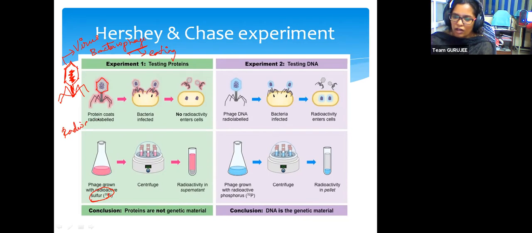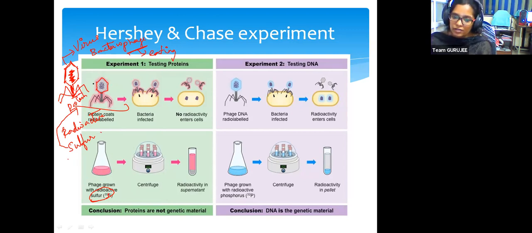It's not normal sulfur, it's radioactive sulfur. This radioactive sulfur coats only the protein coat, but not the DNA. It just labels the outer protein coat.